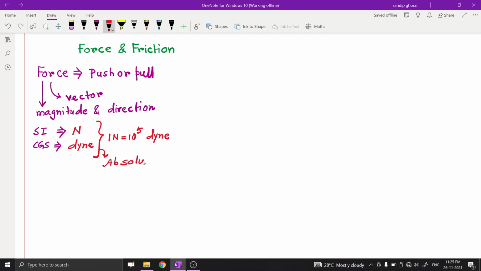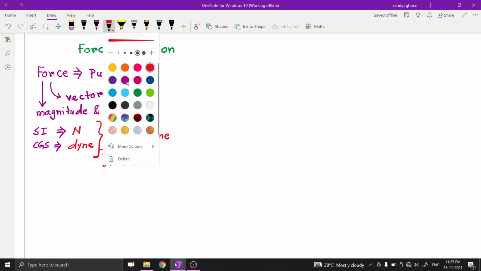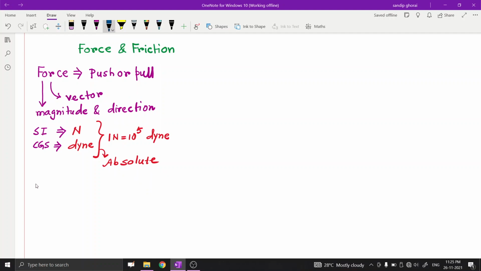Now what is the gravitational unit of force? The gravitational unit of force in the SI system is kgf, and for the CGS system the unit is gf. And what is the relation?